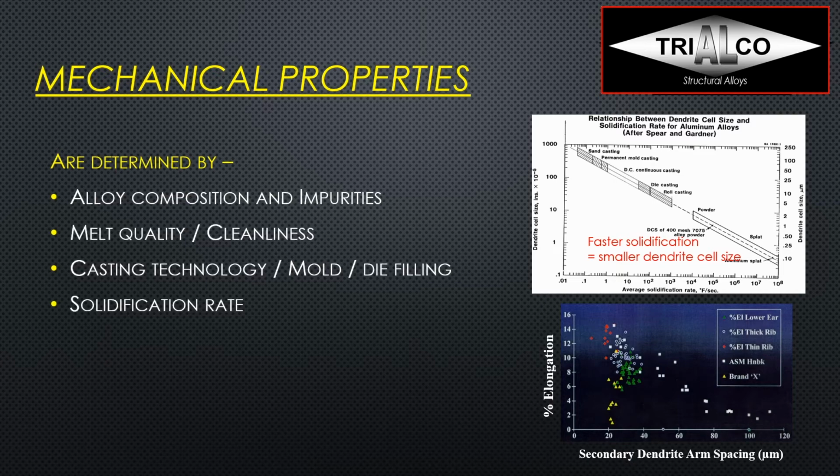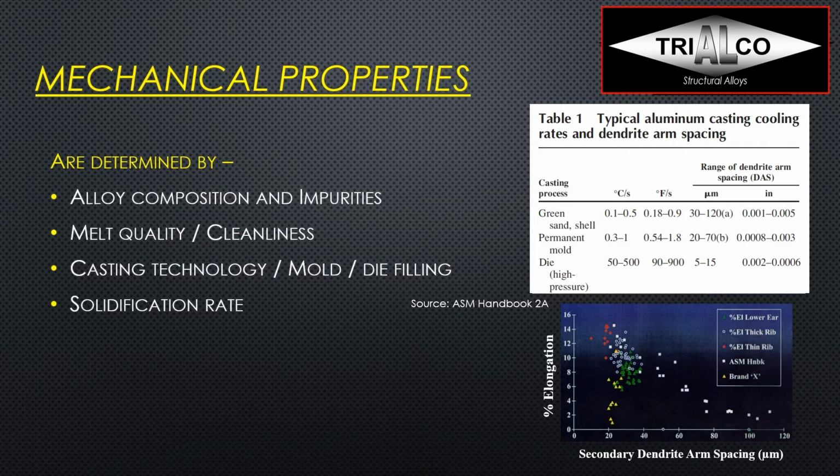We can see here, just to give a few examples, green sand or shell casting, permanent mold, then die casting. So you can see that if you pour metal into a sand casting, well, it solidifies very slowly, and then it contracts and builds up a little air buffer that reduces the amount of heat that the mold can take out, and therefore it solidifies really very slowly.